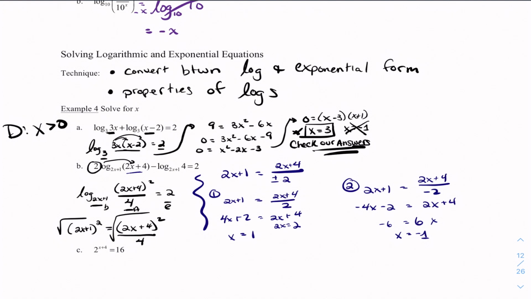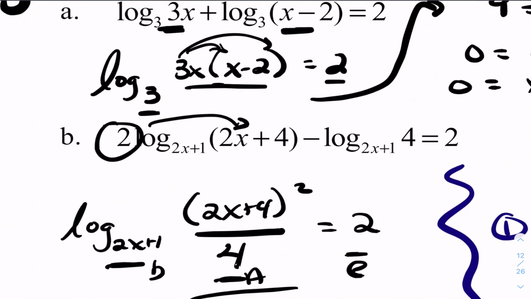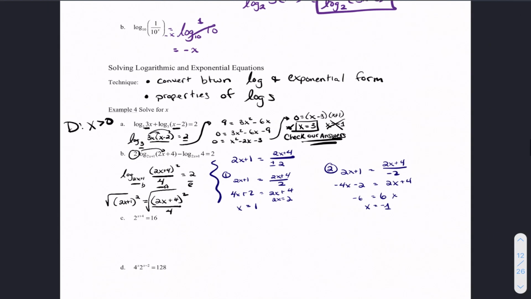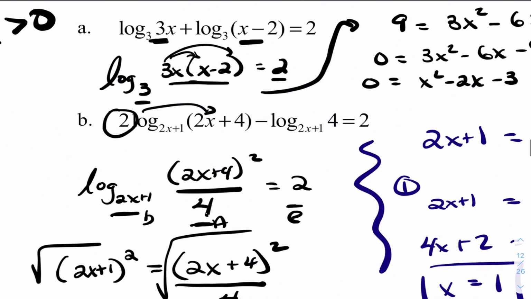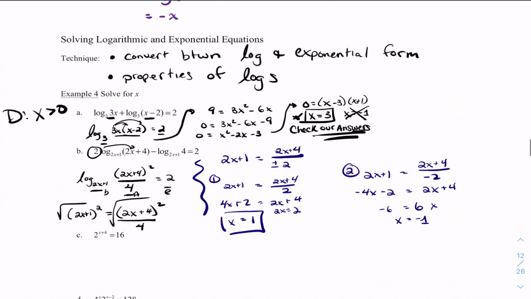If I plug in 1, I would have 2 times 1 plus 1, 3. That's good. If I had 2 times 1, which is 2, plus 6, that's good. So positive 1 works. If I plug in negative 1, I have 2 times negative 1 is negative 2, plus 1 is negative 1. I can't have a negative base. Don't work from there any further.